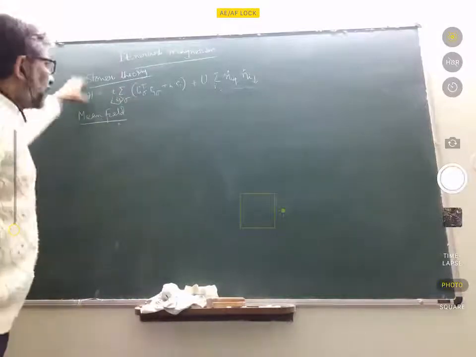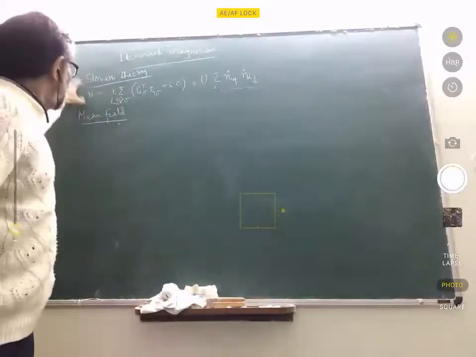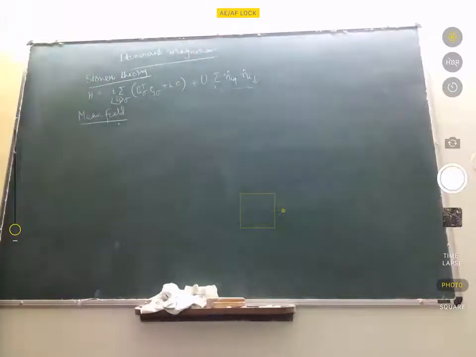So now we want to write the energy of this system in the mean field picture that we just wrote earlier. So how would I write that?